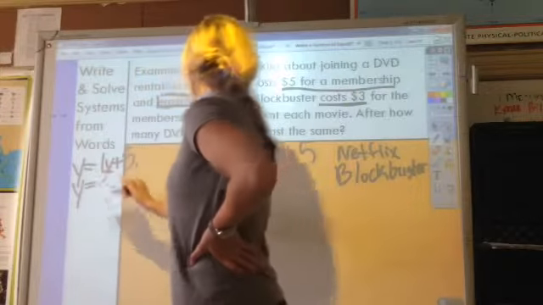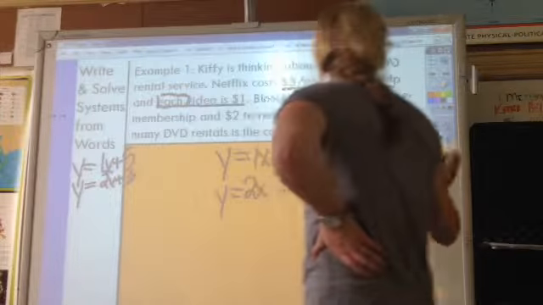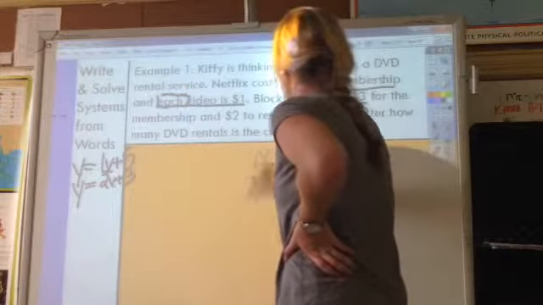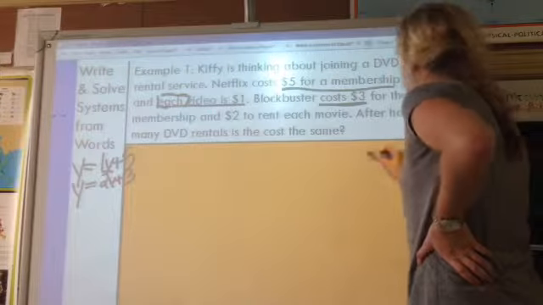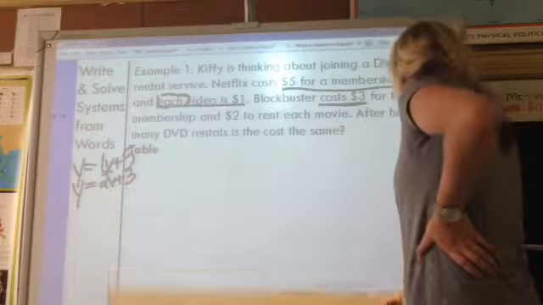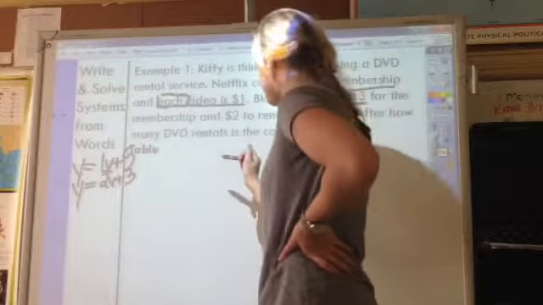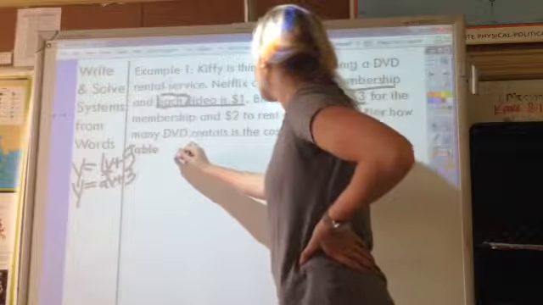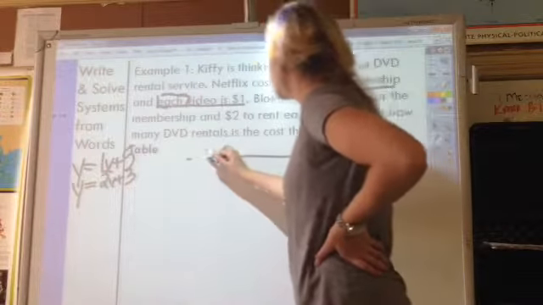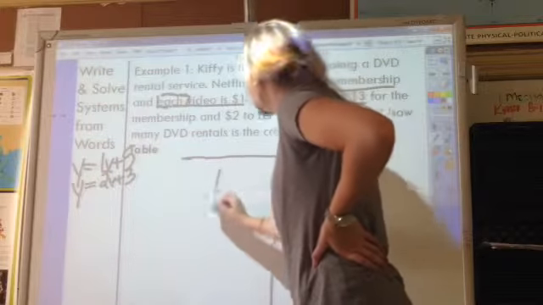Write our equations over here so we have room. All right, if I want to draw a table to figure out when the cost will be the same, first of all, I need to figure out what my x and y values are. So go ahead and draw a big table. Actually going to make this a double table.